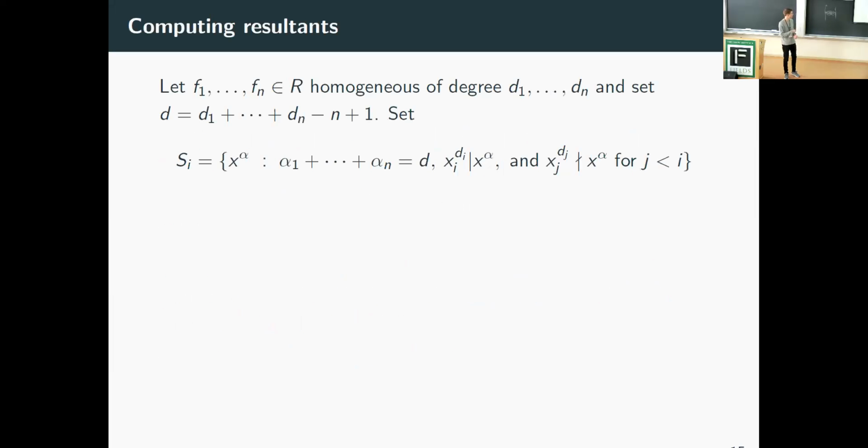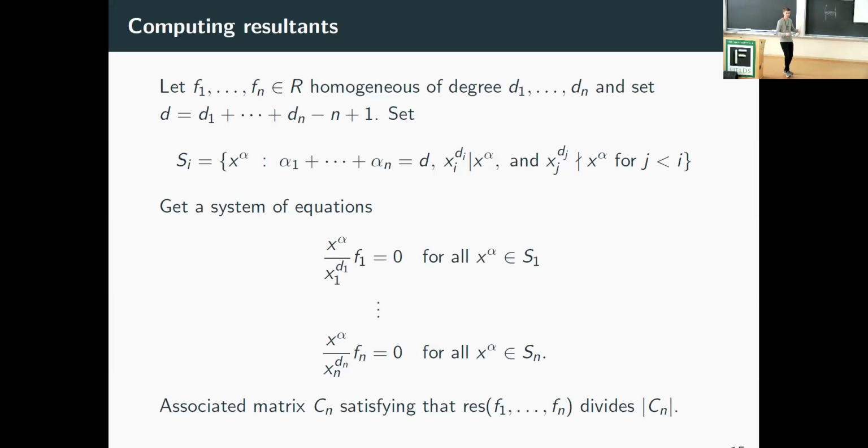So we made use of one standard way to try and calculate resultants, where one does as follows. Let this be the so-called degree plus 1, in the case of this being a complete intersection, say. Then one can partition all the monomials in this degree by saying, what is the smallest x_i to the d_i which divides a monomial here? By the choice of the degree, such an i will always exist. From this, one can construct some big system of equations, which will correspond to a square matrix.